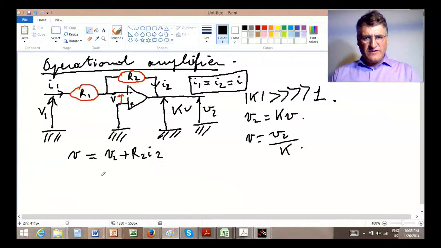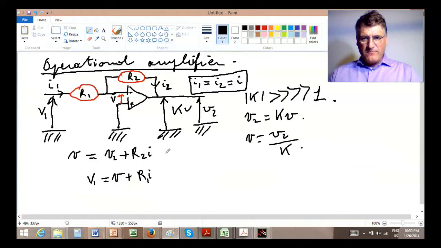Now, across this armature here, what we get is that V1 is equal to V plus R I1, which is I2. Let me erase this useless subscript 2 here and just call it RI with a 1 here.